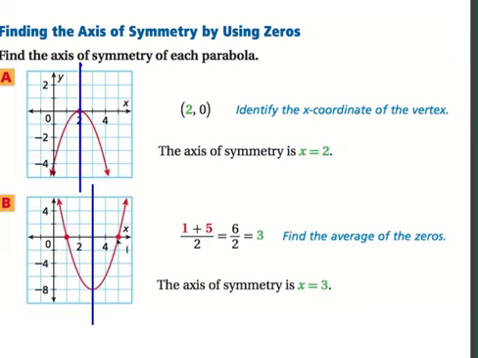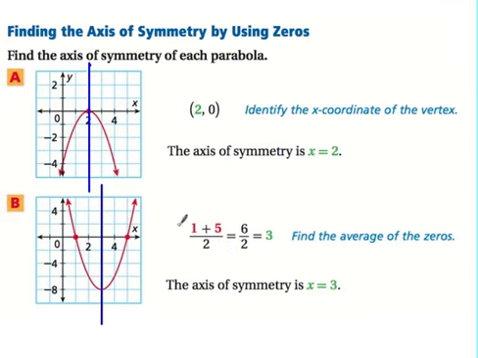And another way to find the axis of symmetry is to find the zeros. So here, for example, the first zero is 1, and the second zero is 5. So for this example right here, the average or the middle will be 1 plus 5 is 6, divided by 2 is 3.